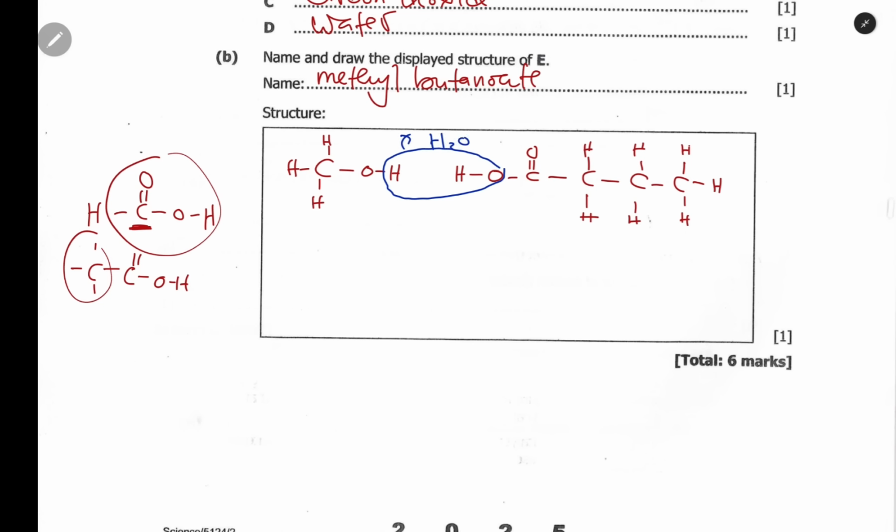So what we are interested in is just the structure of the product. So how is it going to be? It's going to be like this: carbon, hydrogen, hydrogen, then carbon. This is how it is going to be.